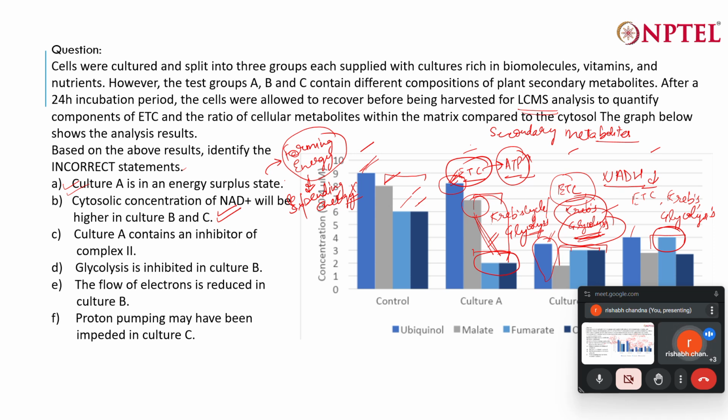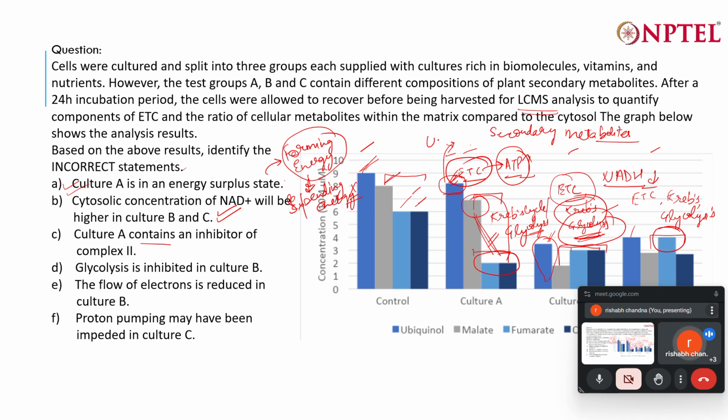Then culture A contains an inhibitor of complex 2. So culture A is actually here, and it contains an inhibitor of complex 2. No, because complex 2 is actually associated with ubiquinol, right? So if ubiquinol levels are high, that means complex 2 is also working fine. No, sorry.